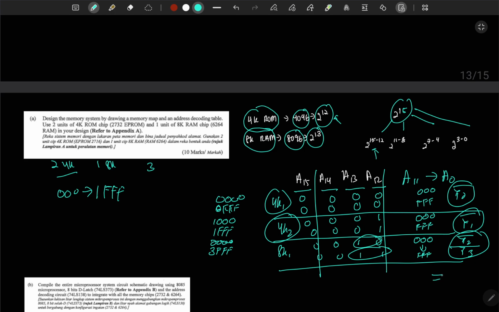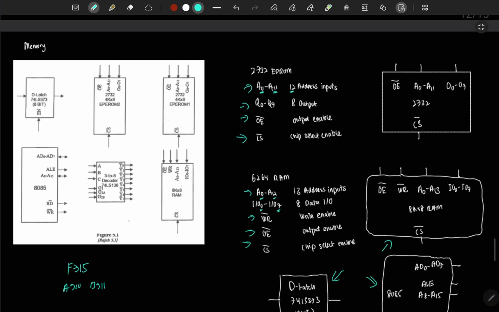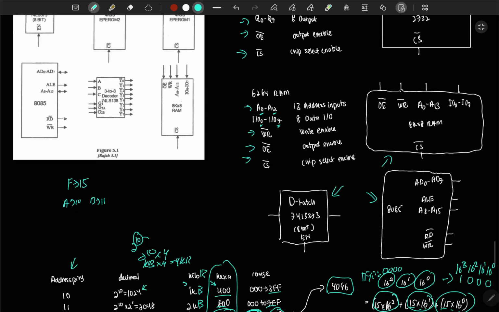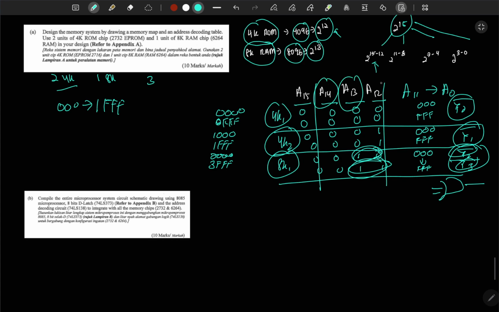These both need to go into an OR gate to the 8K, because the decoding table says as such. Now, did the appendix give you an OR gate? No. So you need to be clever here. We aren't going to take A14, A13, A12 as our ABC.